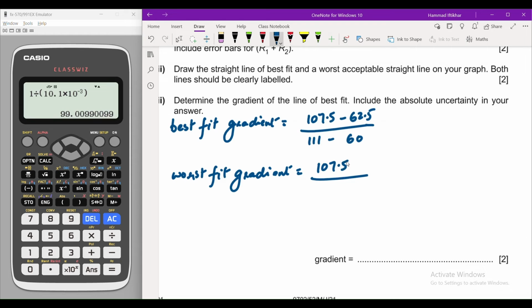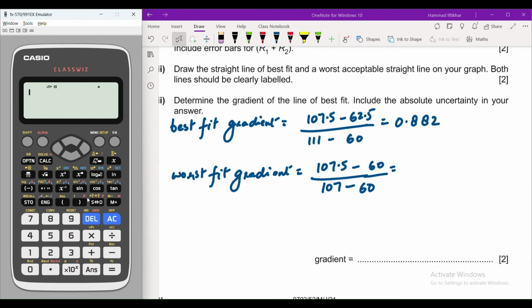So 107.5 minus 60, and then 107 minus 60. Let's find out this: 107.5 minus 62.5 divided by 111 minus 60, that is 0.882.